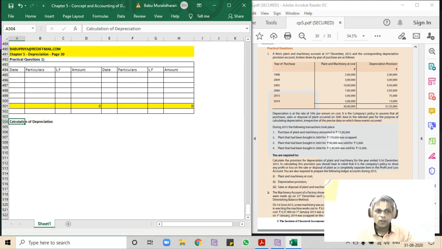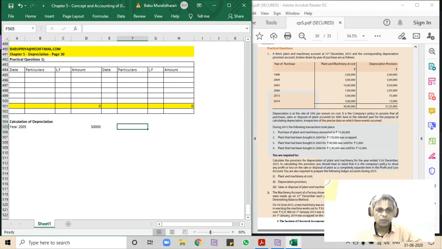Depreciation for the year 2005 is 50,000. Okay, because it's given here that the plant bought in 2005 has been sold, so 10 lakhs it is.